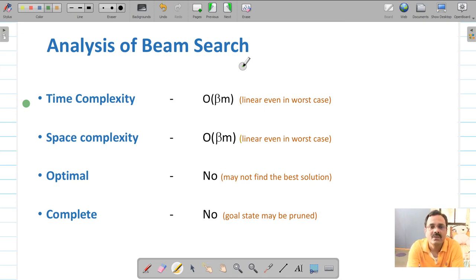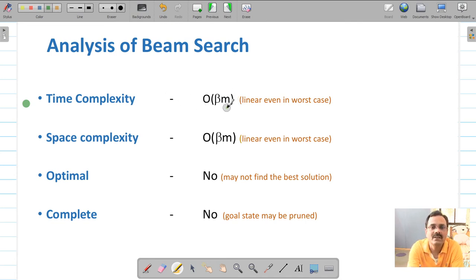The algorithm will terminate at depth m where your goal node is present. So it has to visit beta multiplied by m nodes. So if beta is more, the number of nodes visited will be more. If beta is less, the number of visited nodes will be less because m will be fixed.